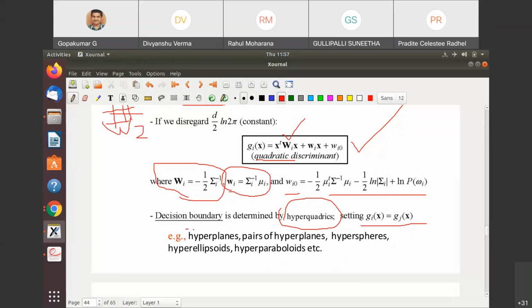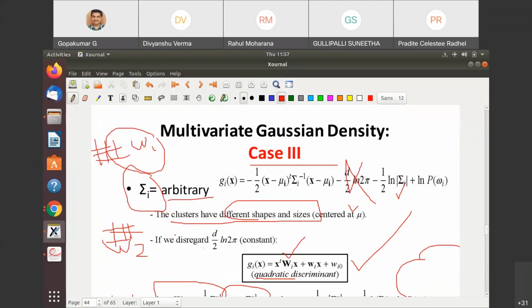Accordingly, we can have a hyperplane itself, or we may need two hyperplanes, for example two lines or two planes, in order to make a decision. Or there can be a hypersphere, so the decision boundary can be spherical in shape, ellipsoid, hyperparaboloid, or whatever shape it can assume. That is the complexity that can be involved with an arbitrary case.